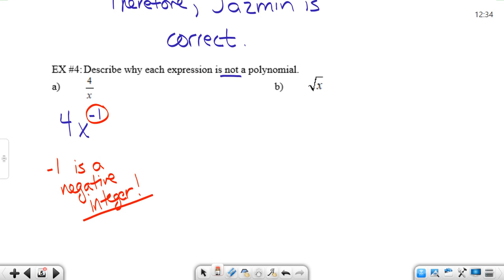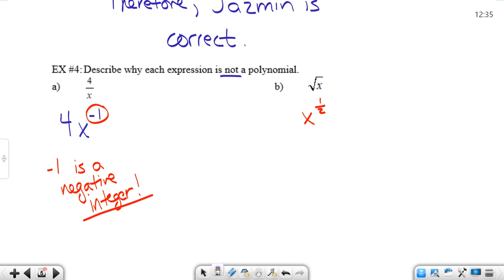So let's move over here to the square root of x. Some of you might look at the square root of x and say, well, that doesn't really have a power on it. Square root of x can actually be written as x to a power. So this is another concept that we're going to talk about later on in this chapter. But the square root of x can be rewritten as x to the 1/2 power.